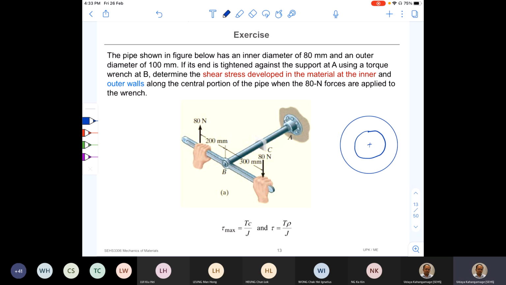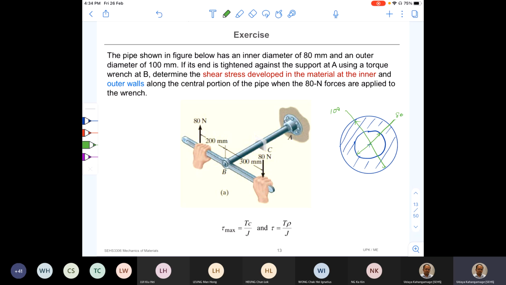We have this inner and outer diameter, and the material is shown here by the hatched lines. The inner circle is 80, and the outer diameter is 100 millimeters.